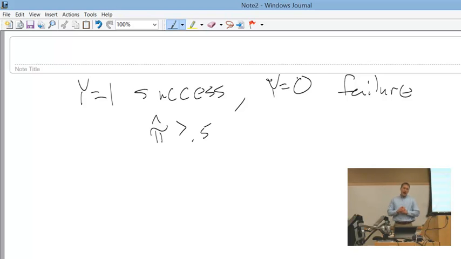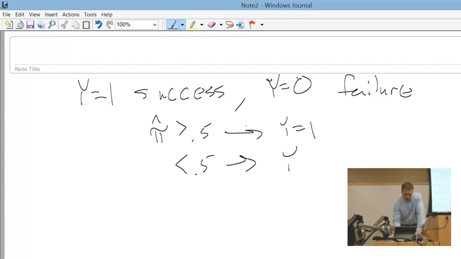If pi hat is greater than 0.5, then we classify that observation, or we predict for that observation that the true population that it comes from should be y equal 1. If instead it is less than 0.5, then we predict a y equal to 0 for that population. So that's how we make the predictions, or you could say the classifications.